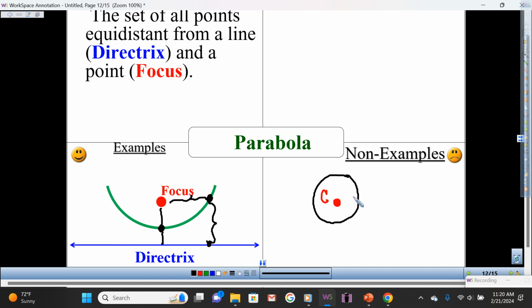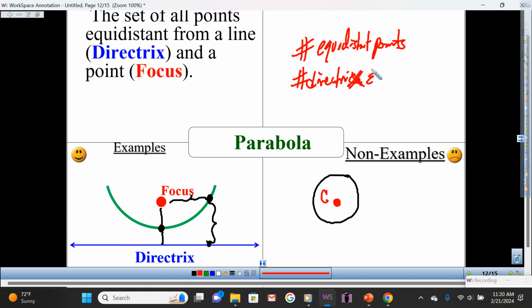From the center. So why is this not a parabola? Because it's missing the what? Directrix. So, hashtag, what makes a parabola? Equidistant points. Hashtag directrix. Directrix and focus. So equidistant points from those two, directrix and focus.